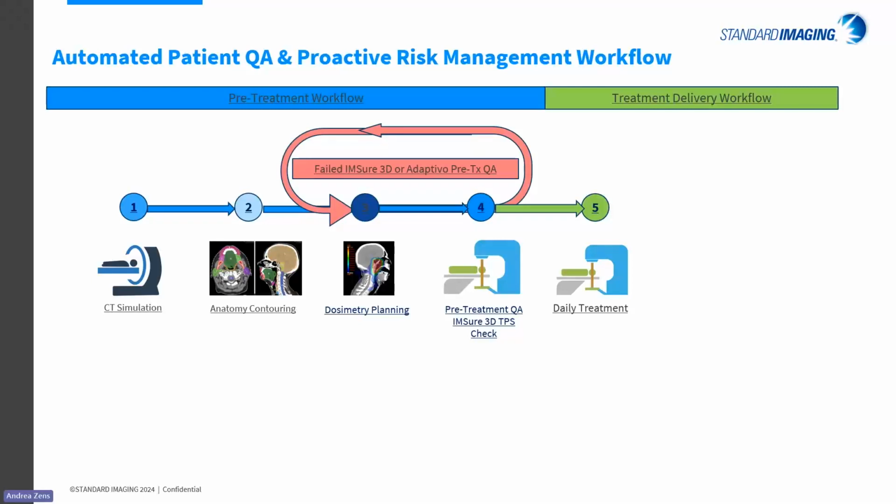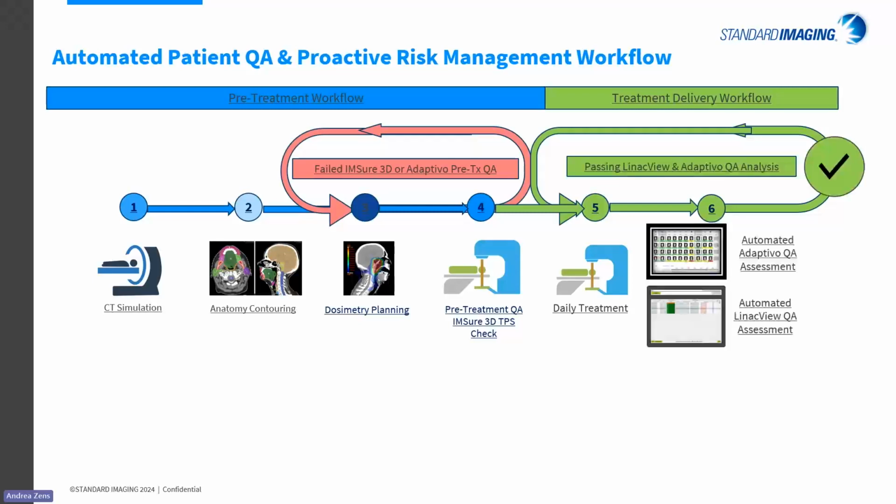Now, if IamSure 3D failed or Adaptivo's pre-treatment QA failed, of course, you're going to go back to the dosimetry planning and try again. Next on this, we have, like I said, our automated Adaptivo QA assessment and automated LinAcView QA assessments going on.